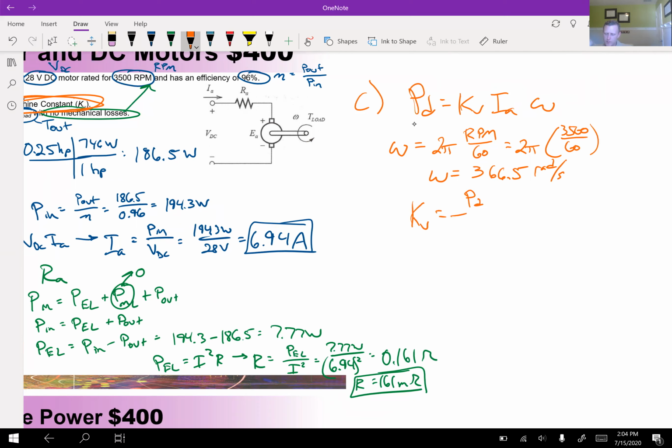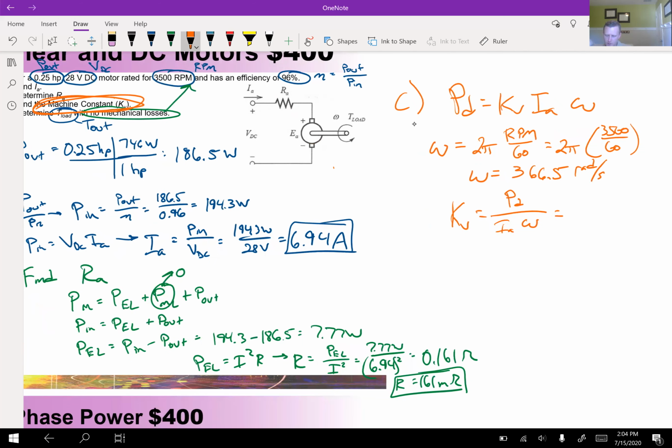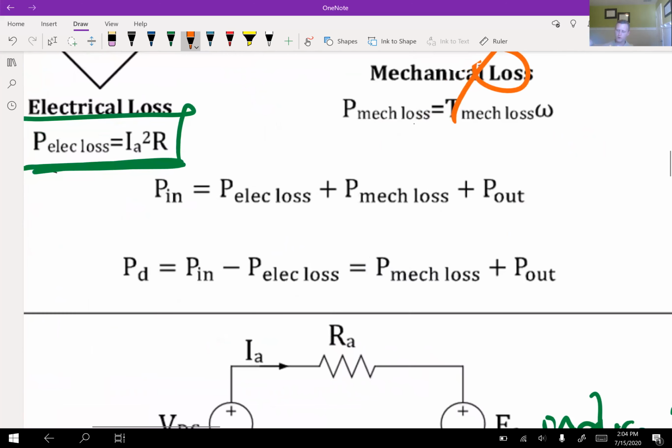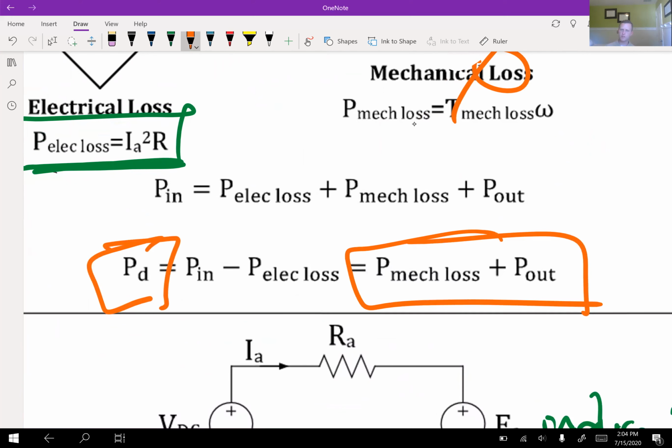We're going to solve for kV, so I have PD over I_A omega. The power developed, in this case, because there are no mechanical losses, PD equals P out since P mech loss equals 0. There's even an equation that says that, right here under the power developed: P developed equals P mech loss plus P out.